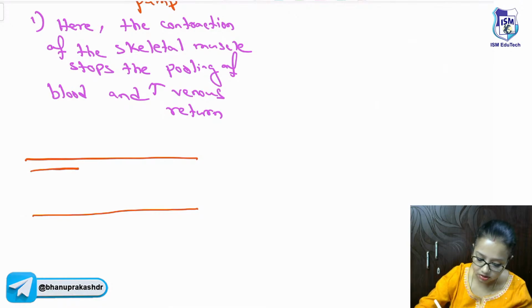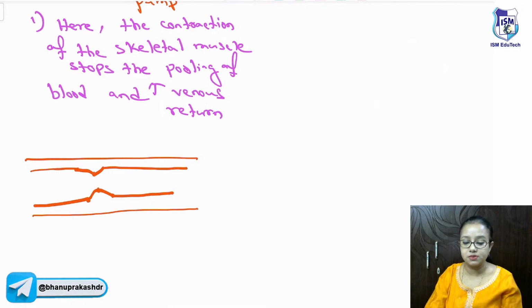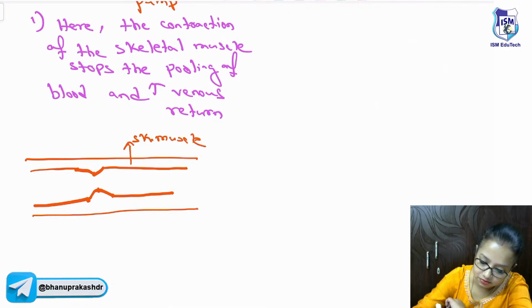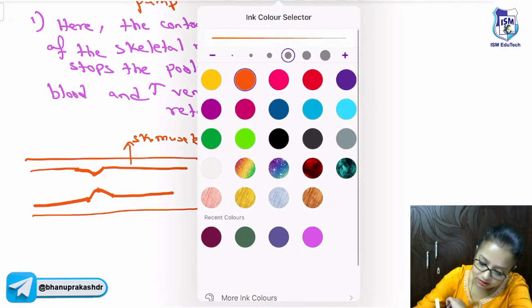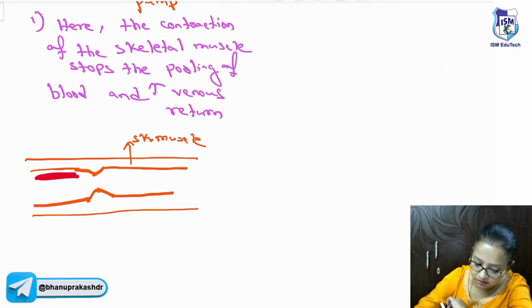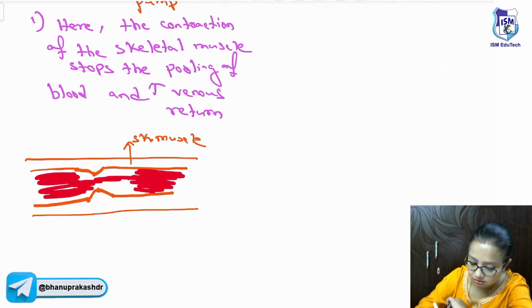We know the veins have valves. This is the skeletal muscle and these are the veins. So the blood is flowing through the vein.